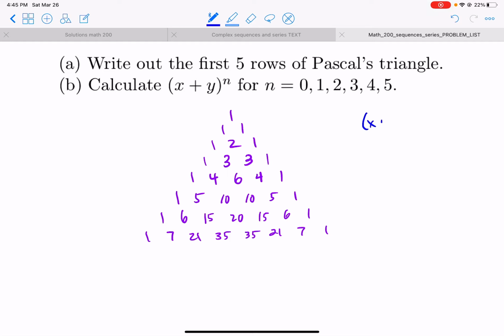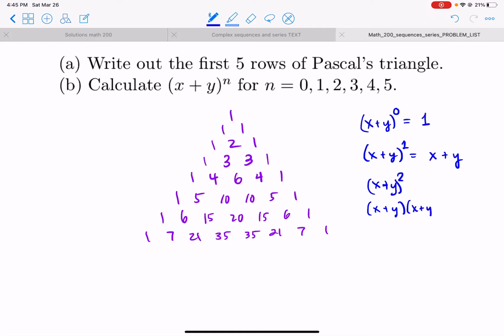So x plus y to the 1 is the easiest. That's just x plus y. x plus y to the 0 is defined to be 1. x plus y squared, well, that's just x plus y times x plus y.